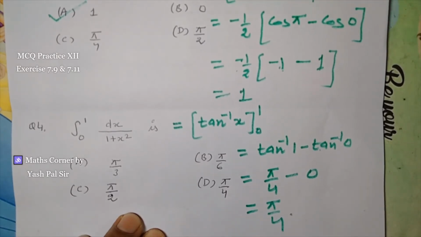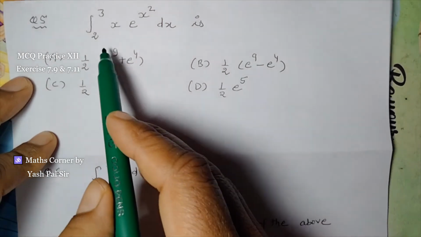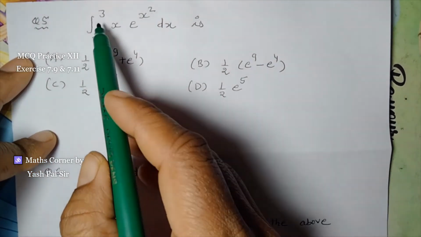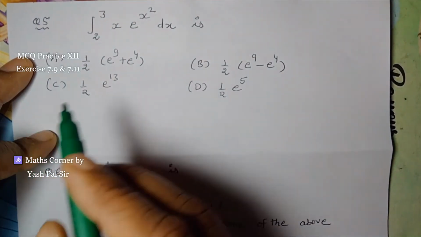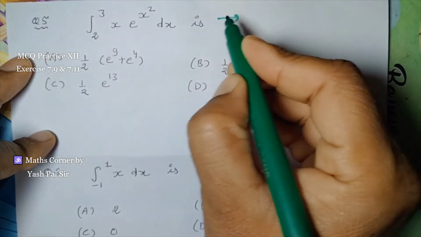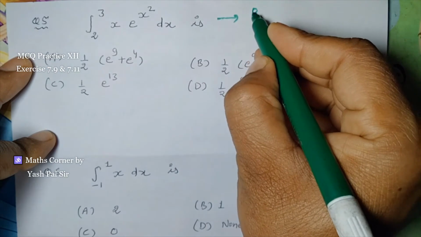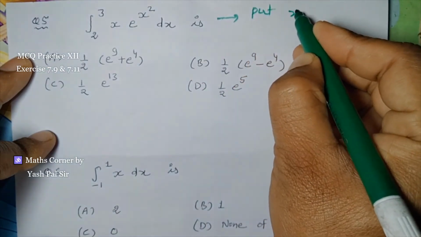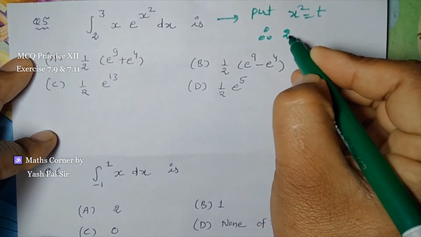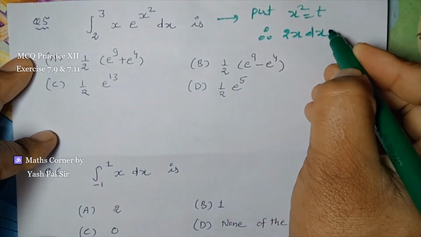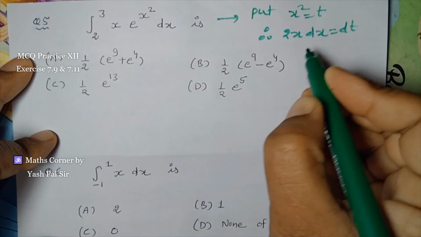Now the next question is question number 5. Limit from 2 to 3 of x into e raised to power x square dx. So here first of all we substitute x square equal to t. Therefore 2x into dx is equal to dt.